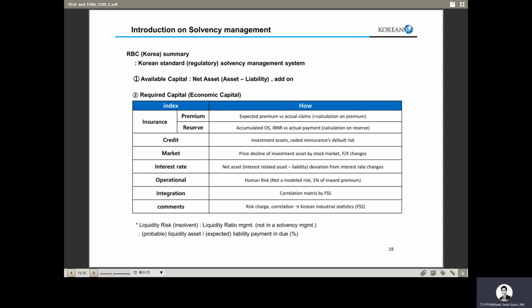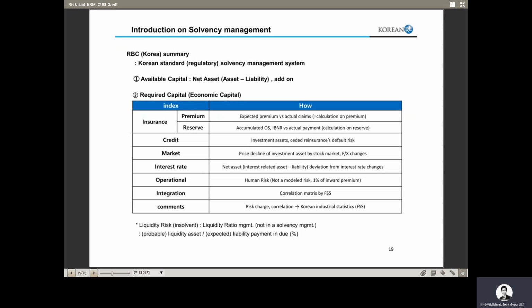Here we will briefly introduce the RBC summary, which Korea is using right now. RBC, known as risk-based capital, is a Korean standard regulatory solvency management system which encourages insurance companies to have sufficient capital compared to their risk.